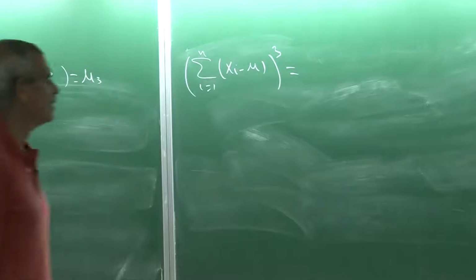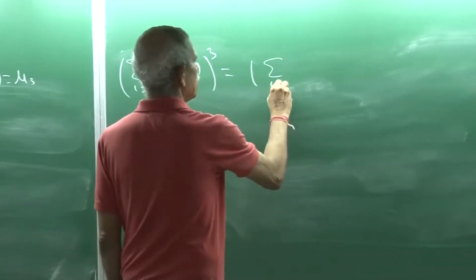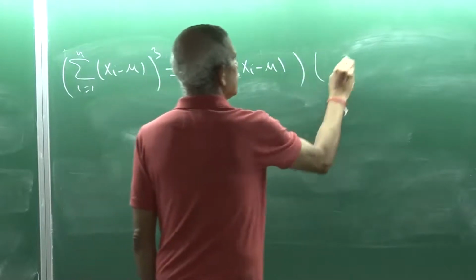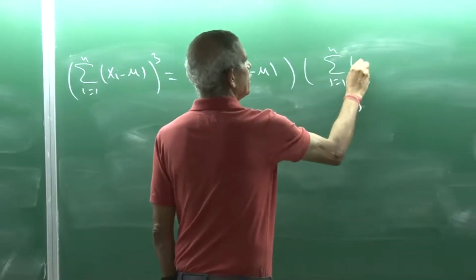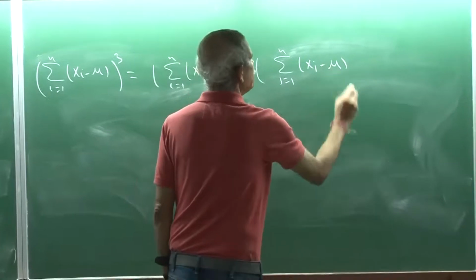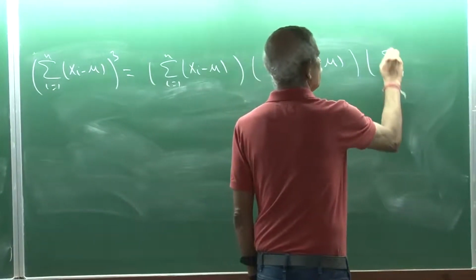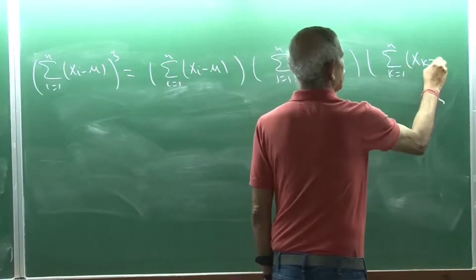This is nothing but summation i equal to 1 to n (xi minus mu), summation j equal to 1 to n (xj minus mu), summation k equal to 1 to n (xk minus mu).